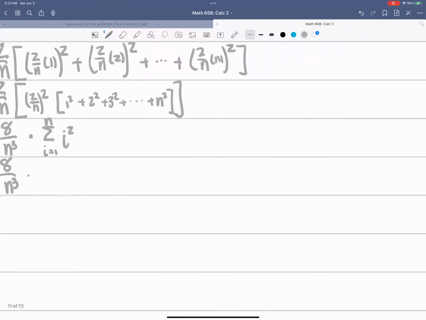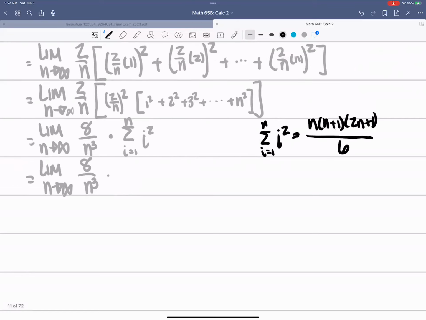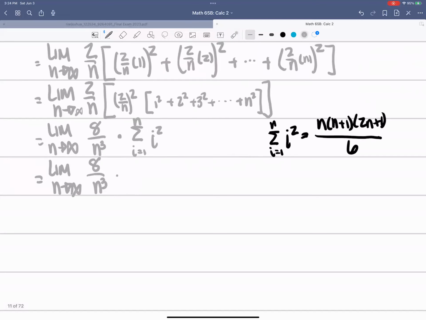And in the past, we've said that the sum as i goes from 1 to n of i squared is n times n plus 1 times 2n plus 1 divided by 6. So we're going to apply that right here. We're just going all the way up to n.